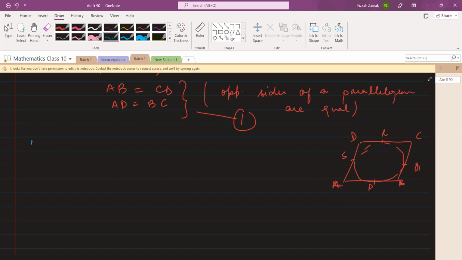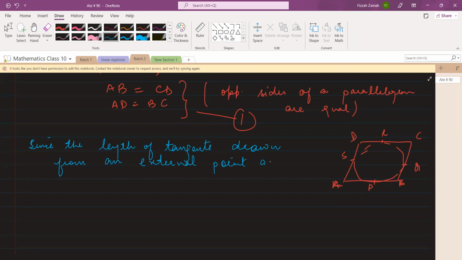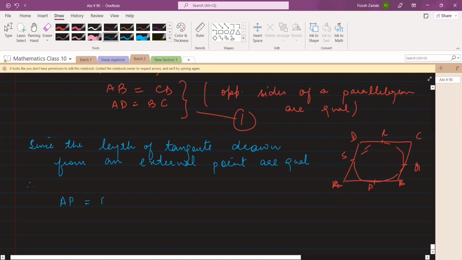Only once I'm writing the theorem, so no need of writing again and again. Since the length of the tangents drawn from an external point are equal, we have mentioned the theorem. Therefore, we can write AP equal to AS.